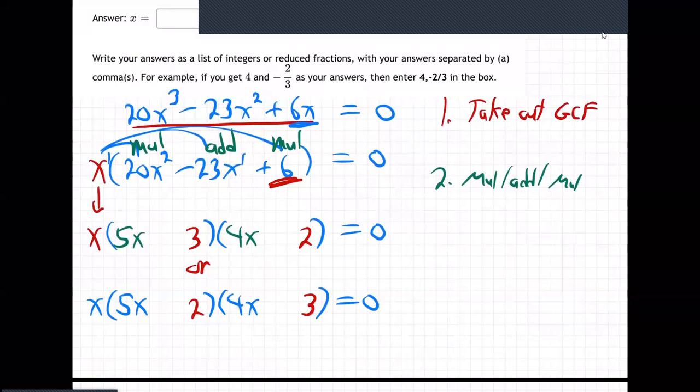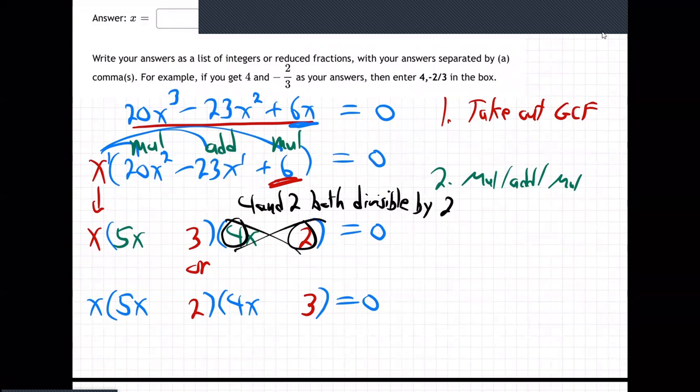Well, see how 4 and 2 are both divisible by 2. So that's not right.